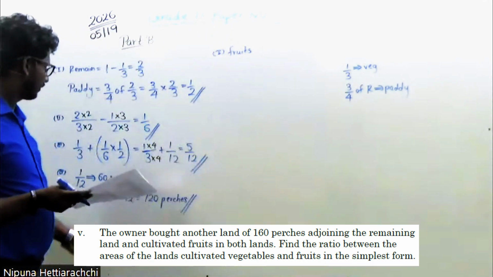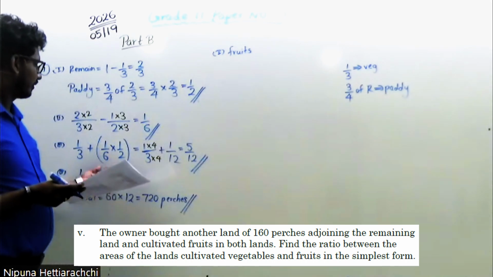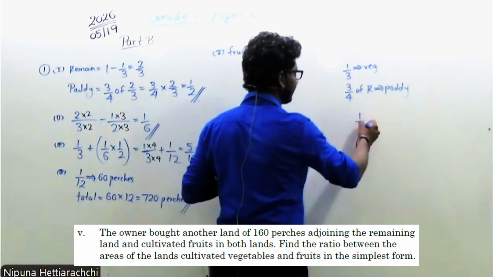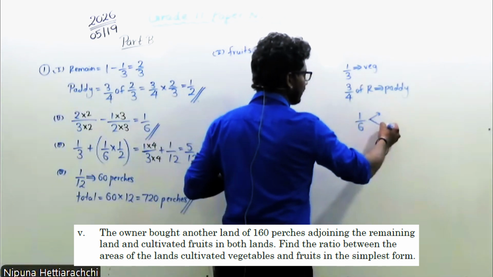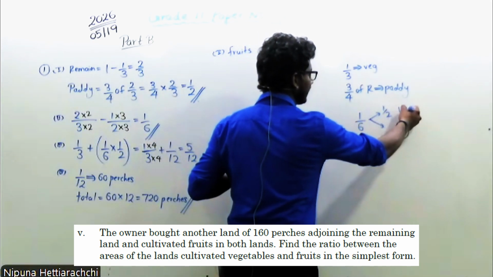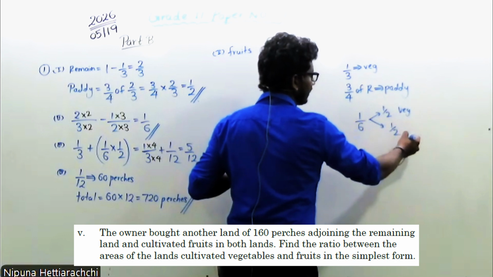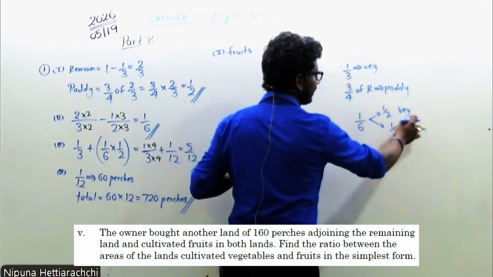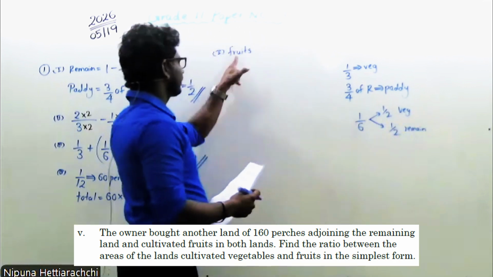Remaining land is how much? 60 perches, because 1/6 remained. Previously 1/6 remained. From that one, half has been taken to again cultivate vegetables. Then another half remains. Now this one is again cultivated with fruits.